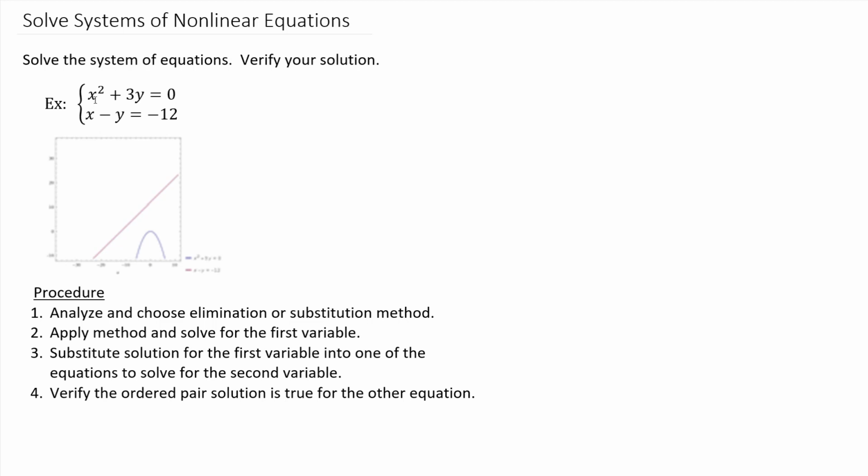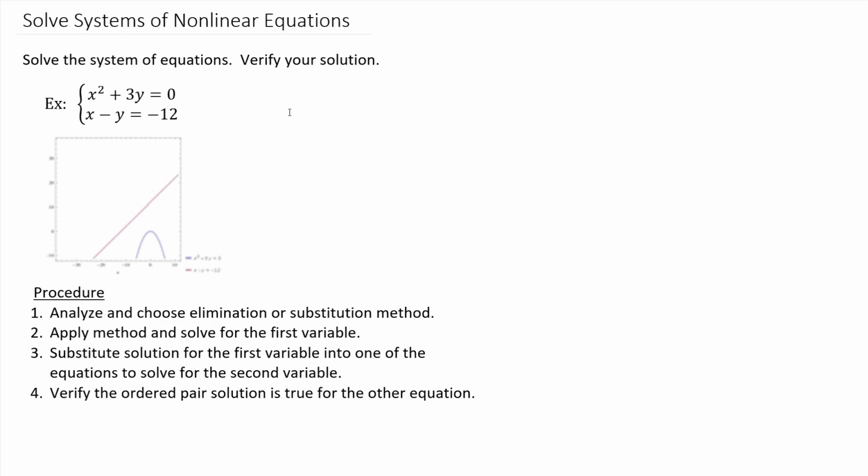I can't really eliminate those x's well because they're not of the same power. But the y's, on the other hand, are 3y to the first in the first equation, and negative y to the first in the second equation. So those are to the same power. Those y's would be easy and straightforward to eliminate as long as we pick the correct multiplier. So that's what I would do if I choose the elimination step.